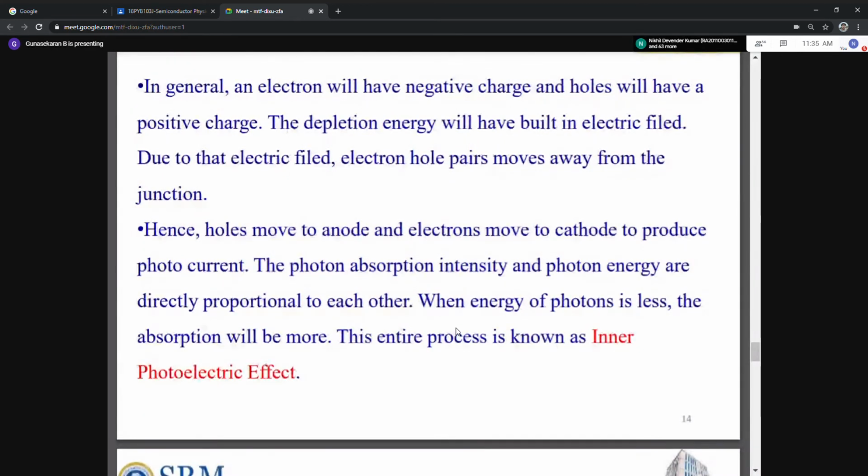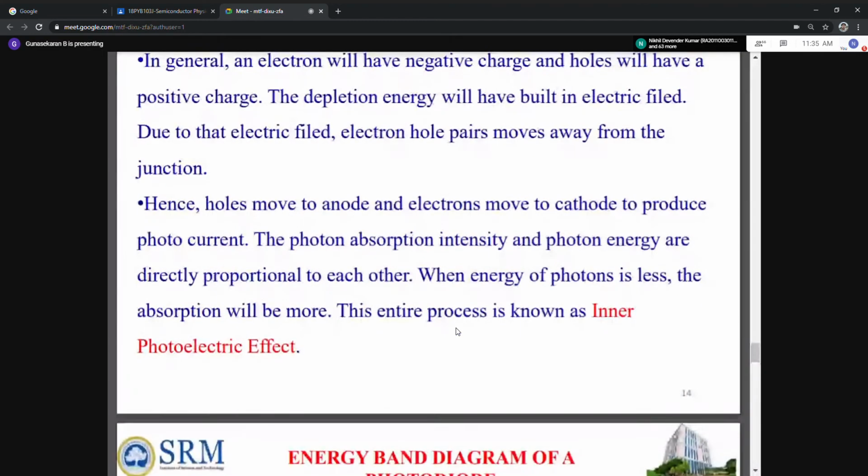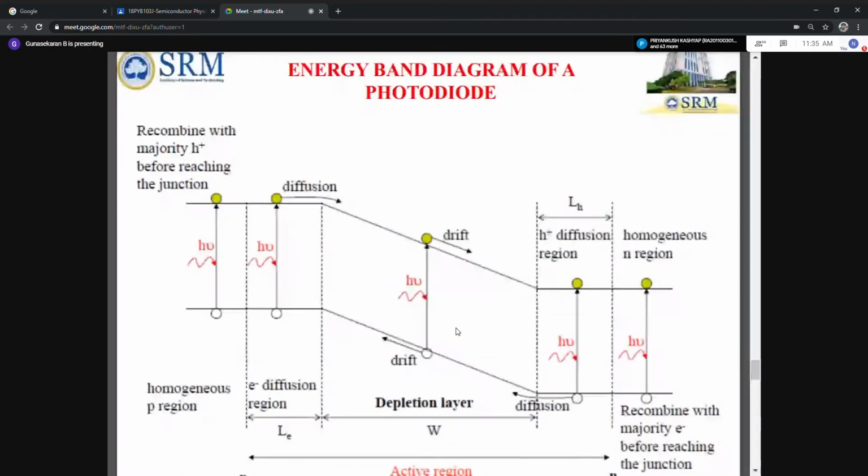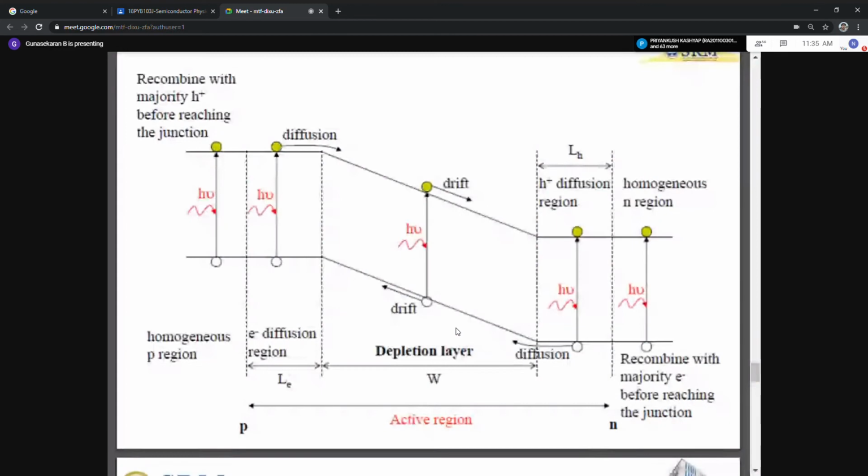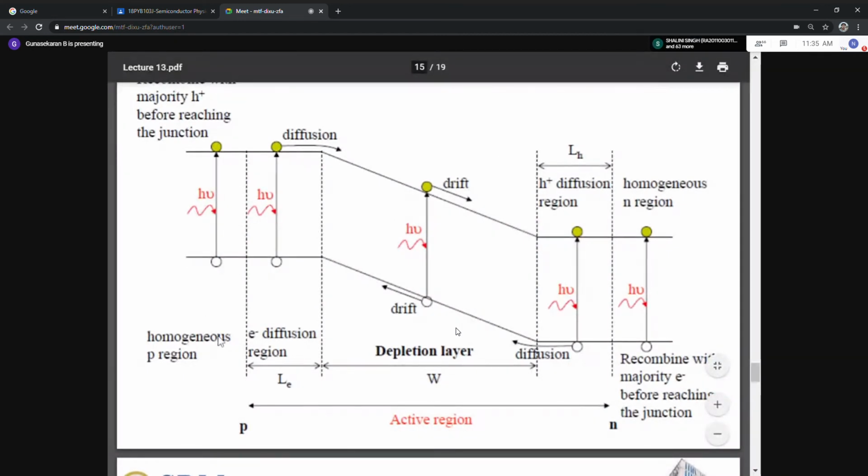Now you see how the photo current arises next. In the diagram they explain the energy band diagram. Yesterday you also discussed that E_C, E_V, and E_i are there. I think they removed all these things. So now, the different diffusion takes place. First, see here the diffusion coming from both N and P regions. There is a homogeneous P region and a homogeneous N region.